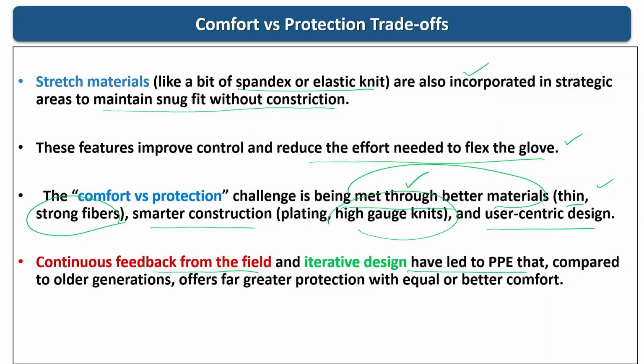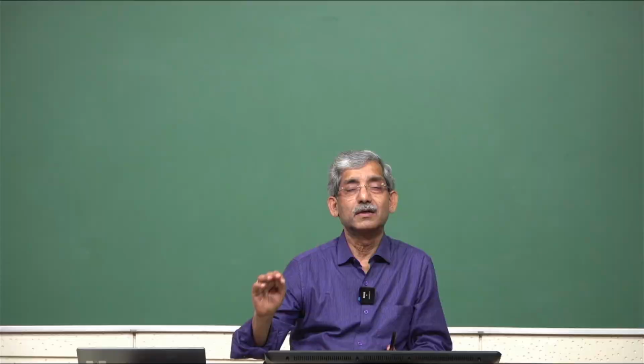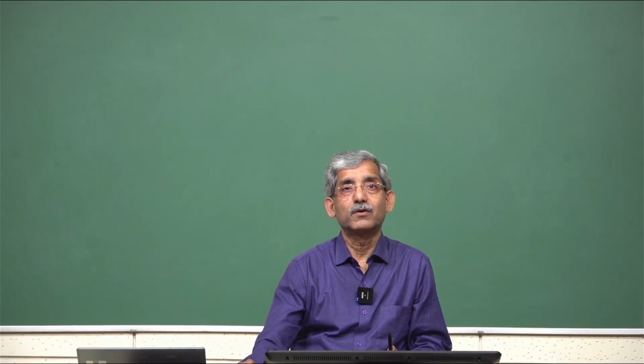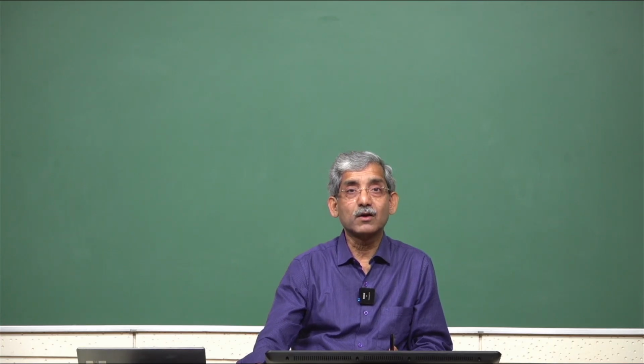So, this type of feedback we should always try to get, and as compared to the older generation, this offers a better design for protective textiles with equal and better comfort.